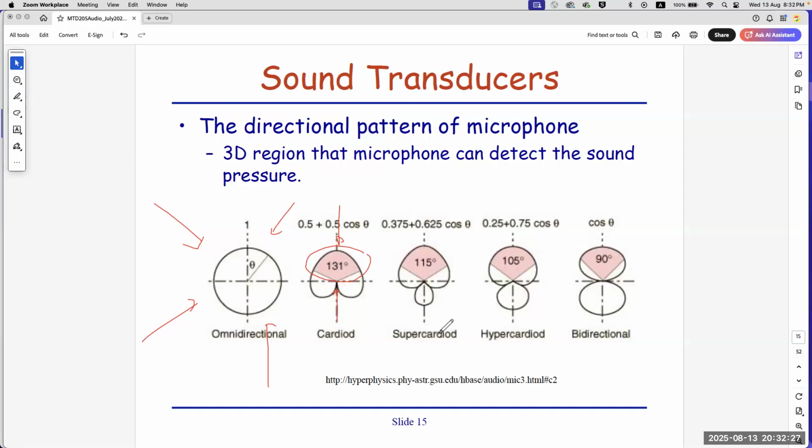Supercardioid means it can receive well within this narrower angle. Signal coming from the front can be received well, but signal from the back cannot be received at all. We also have bidirectional, which means it can receive well from the top and from the bottom, but from the left and right it cannot receive well. That is what I call bidirectional. Is it okay, Irene? Yeah. This may be important for your online quiz.